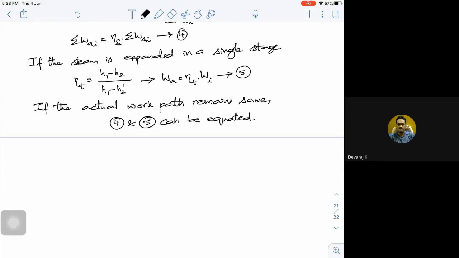They are equal. That is, your stage efficiency into your total summation of stage work is equal to your total efficiency or your single stage efficiency into your isentropic work done.